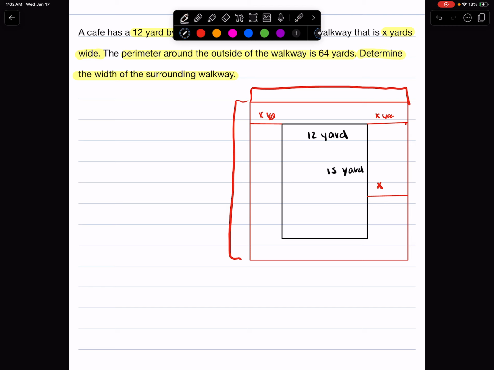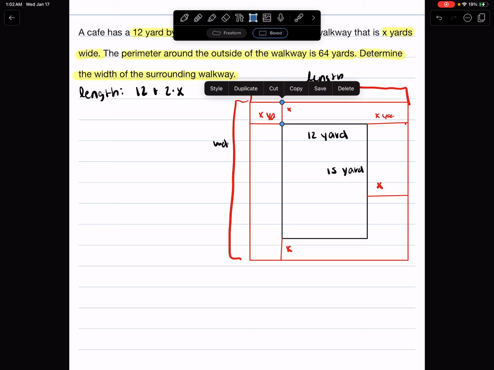Let's call this the length and this the width. We represent the length with 12 plus 2 times X. Similarly, we can represent the width as 15 plus, again, the length from here to here is X, and the length from here to here is X. I know that doesn't add up the way it's drawn, but it is the case.